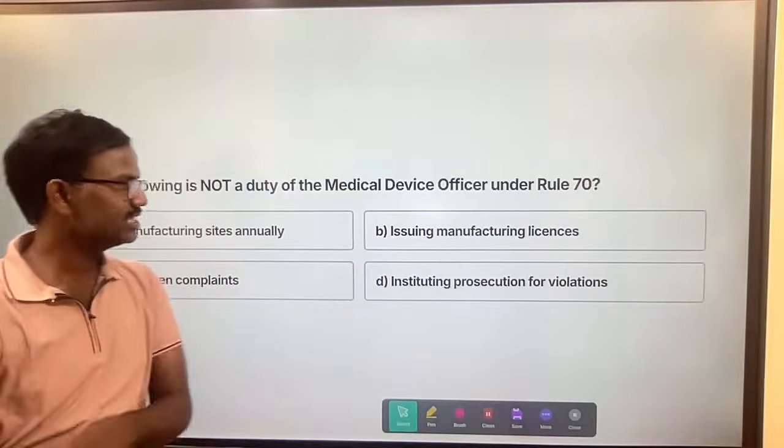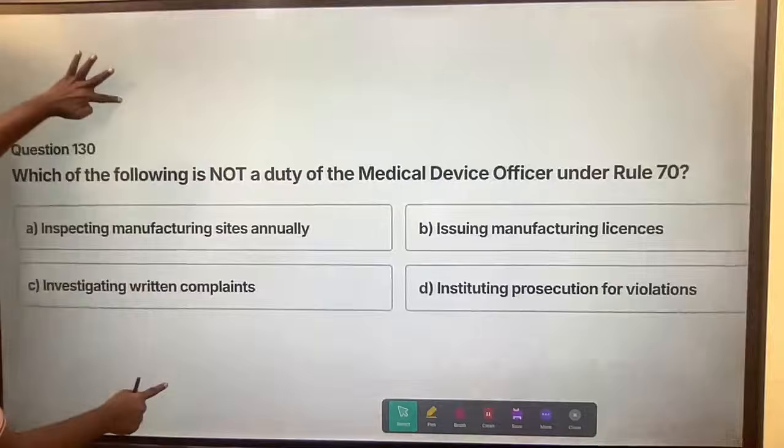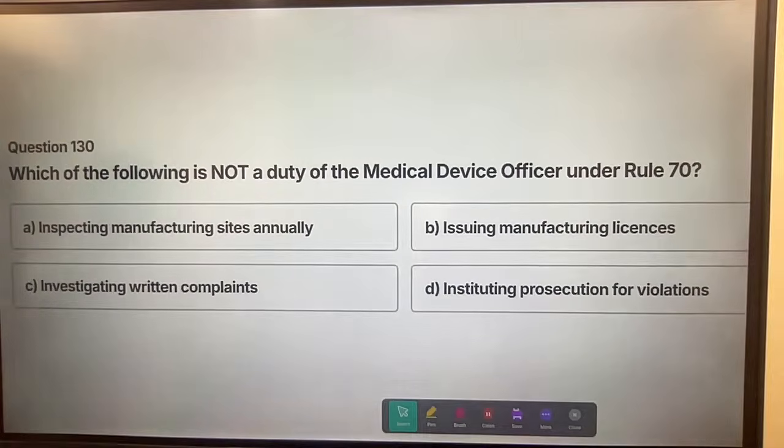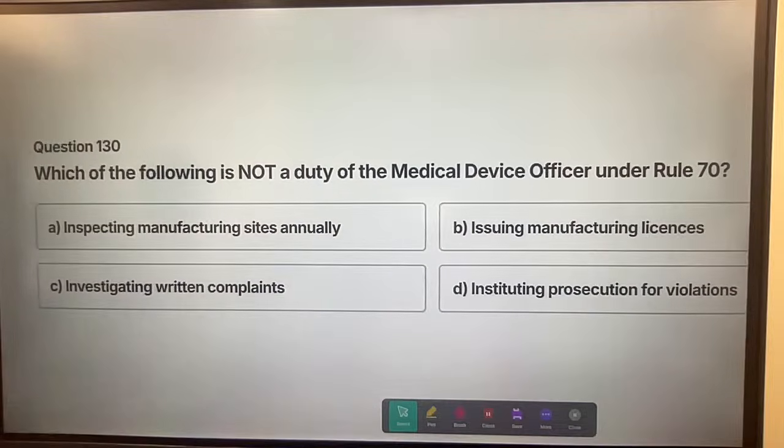I think it is visible, right? 130. Investigating written complaints. What about others? Everyone should respond. This is your duties. The question is about your duties. Once you get the appointment, what you should not do among these four statements?